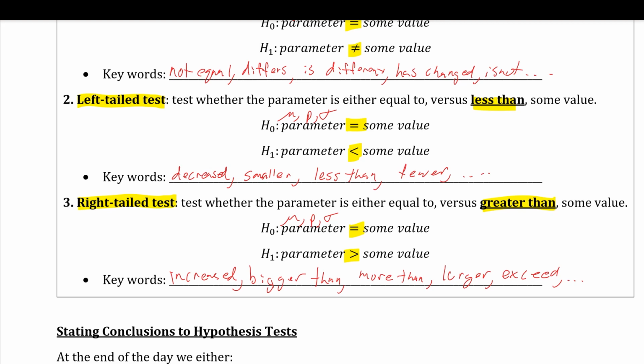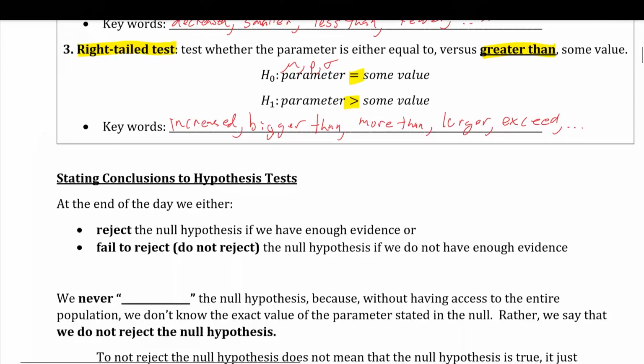We will in the next couple sections. But once we're at the end and we've come up with some sort of conclusion, now how do we state these conclusions to hypothesis tests? Well, at the end of the day, we either are rejecting the null hypothesis if we have enough evidence, right? Or we don't reject it. We fail to reject it.